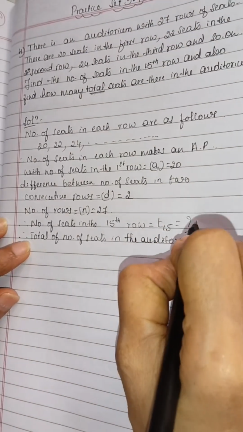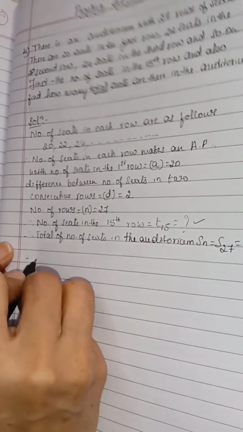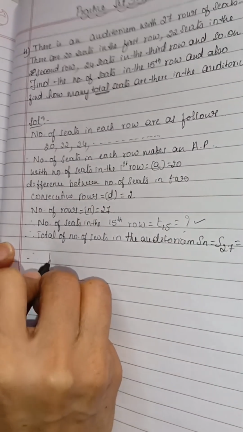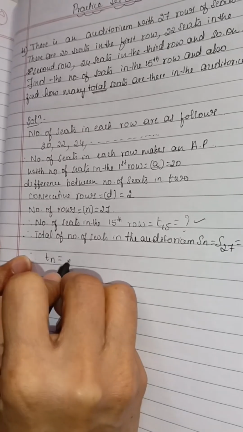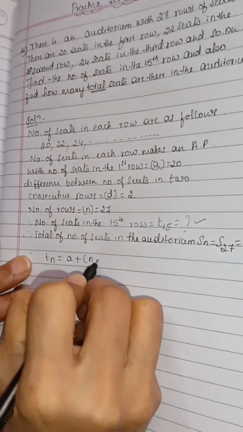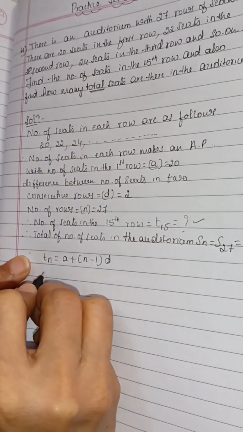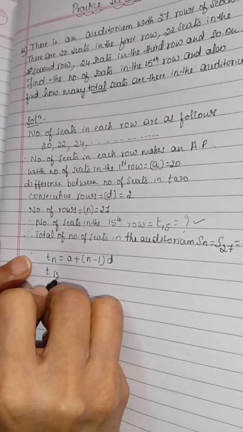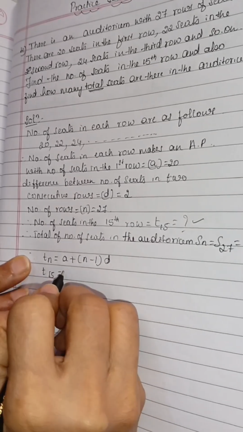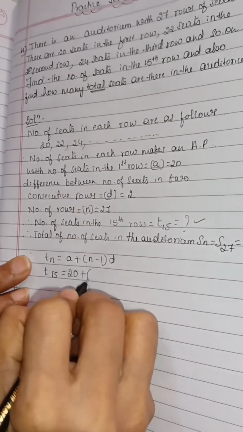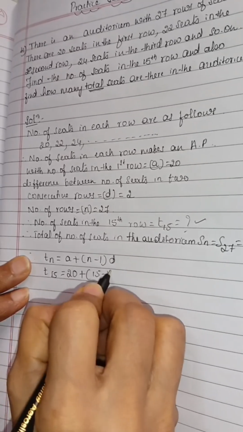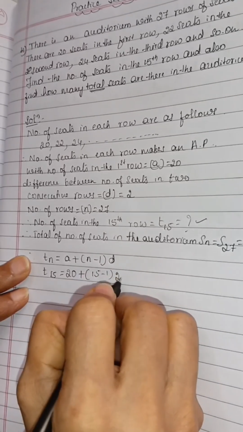So first we will find out T15, therefore we have a formula here. Tn is a plus n minus 1 into d, that is T15 is a is 20 plus n is 15 minus 1 into d is 2.